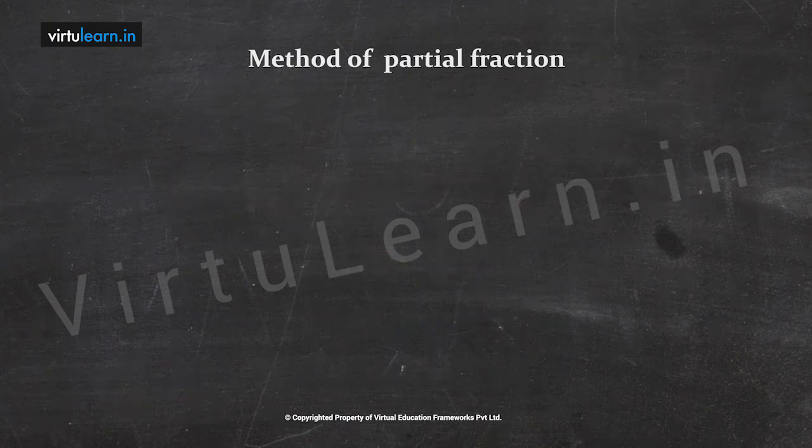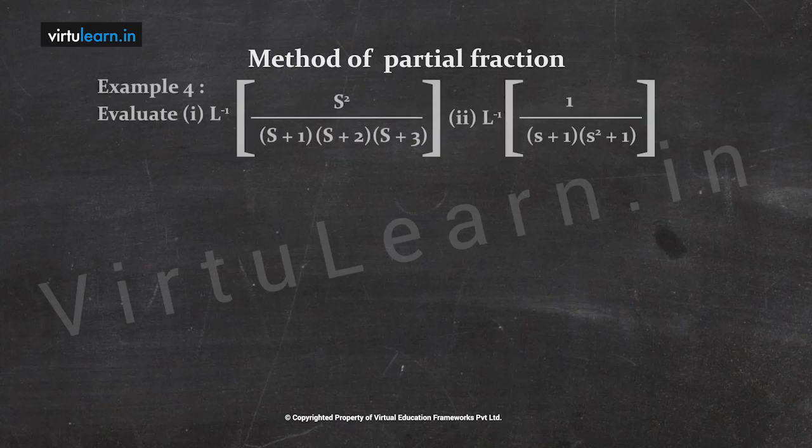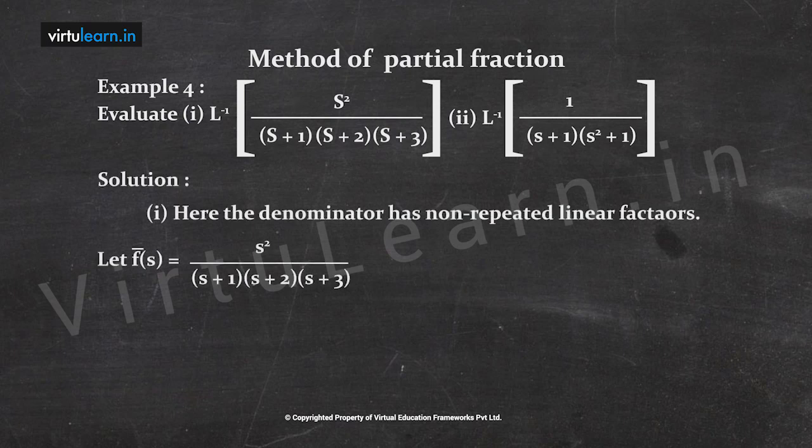Similarly, another problem: L inverse of s square by s plus 1 into s plus 2 into s plus 3. Here the denominator has non-repeated linear factors. First of all, consider f bar of s equal to s square by s plus 1 into s plus 2 into s plus 3.